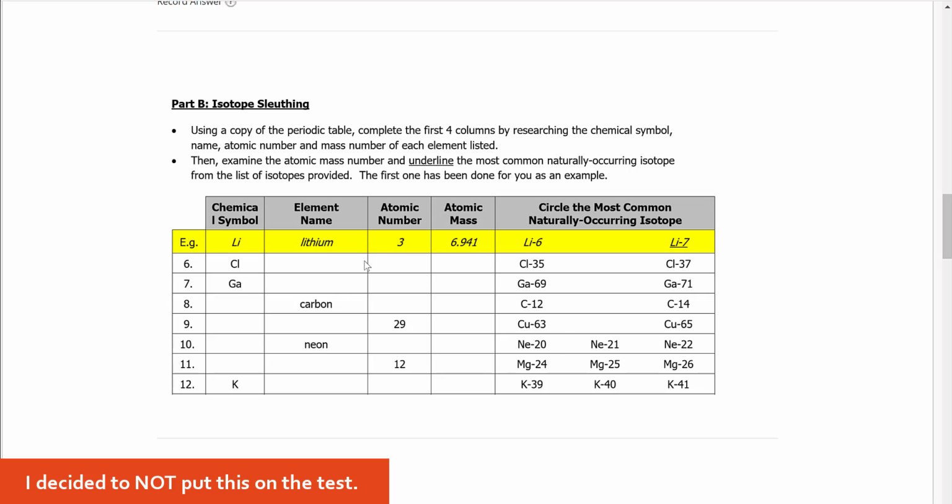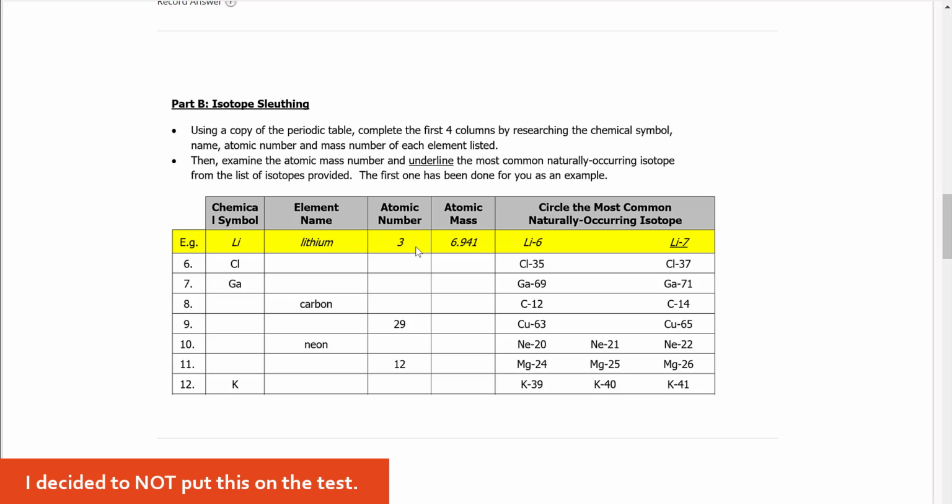And there will be a question that looks like this chart on the test. And this shows you the average atomic mass, which is the number that you see on the periodic table. Remember, the average atomic mass is a weighted average, and it indicates which isotope is most common on the planet.